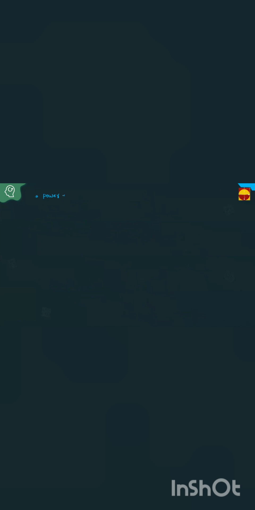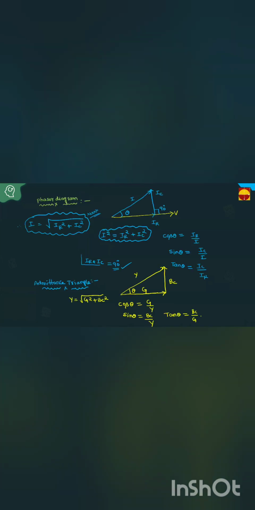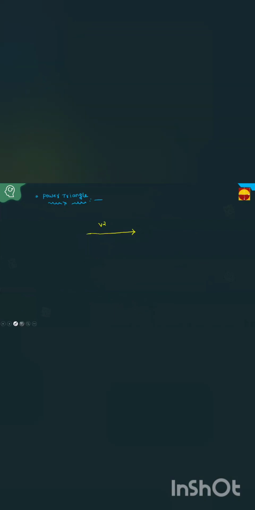In the power triangle, you know this triangle. You have to multiply with V square. This is V square into G.